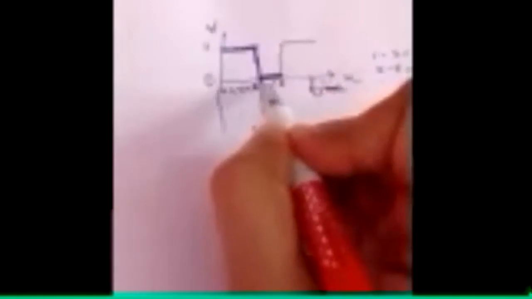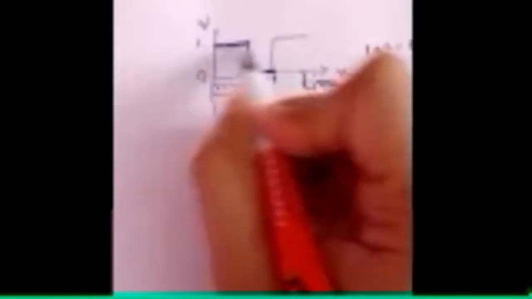But you can see that from 1 to 5, the voltage is 1, right? Voltage is 1, which means from 1 to 5 seconds the voltage is constant.